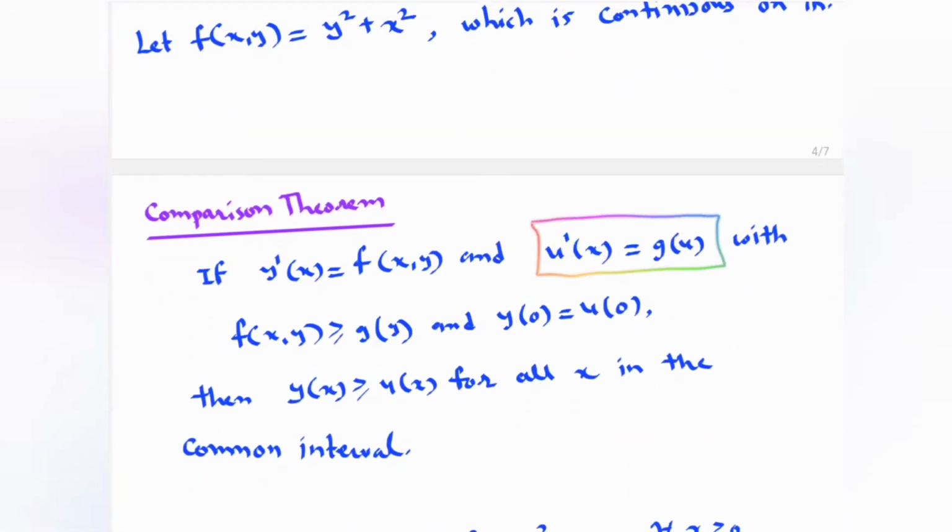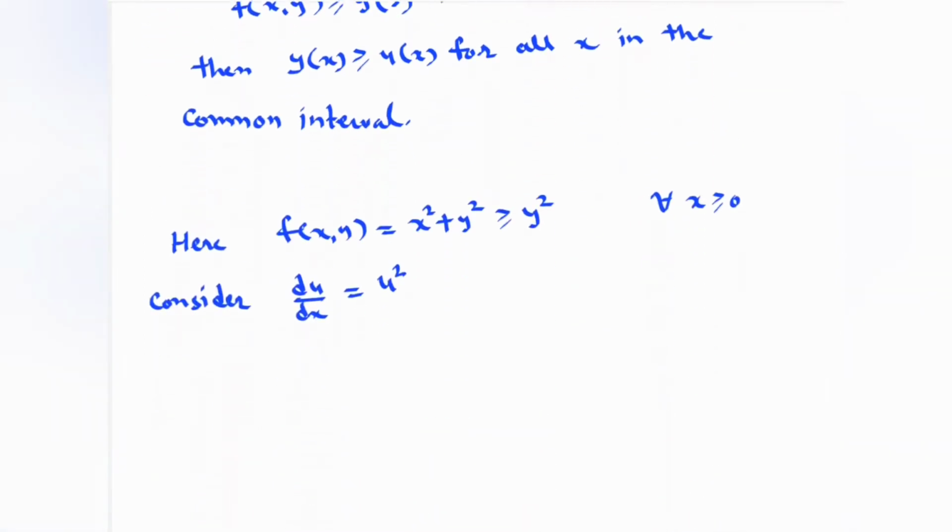We consider a secondary initial value problem u dash equal to g of u, that is, du by dx equal to u square, subject to the same condition, because the condition on y is given as y(0) equal to 2, so we will use the same condition u(0) equal to 2.